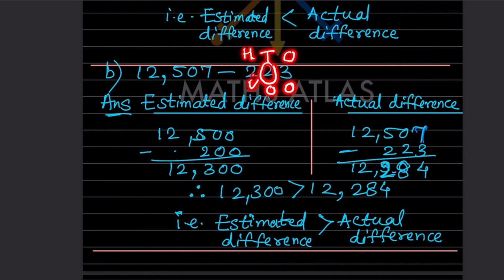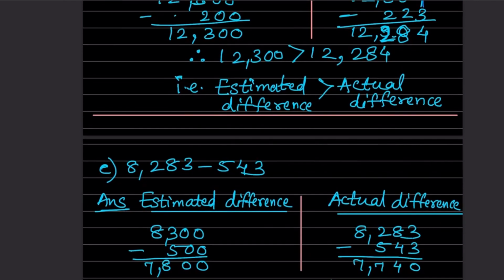And here you are going to write 2 itself because this is less than 5. So now here 12,507 comes out to be 12,500 and this comes out to be 200. Okay. Then this again remains the same. So what we can see here, 12,300 is greater than 12,284. So estimated difference is greater than the actual difference.